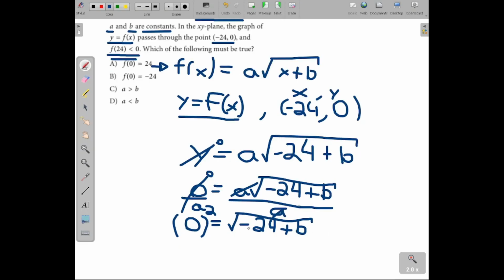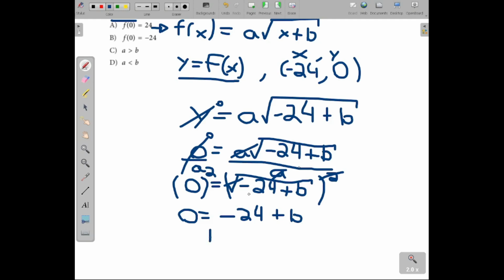We have to get rid of this square root, so we'll get the square of both terms. 0 to the square is 0, equal to, here we'll cancel out the square root with the square, so we'll get negative 24 plus b. And finally, b will be equal to positive 24.